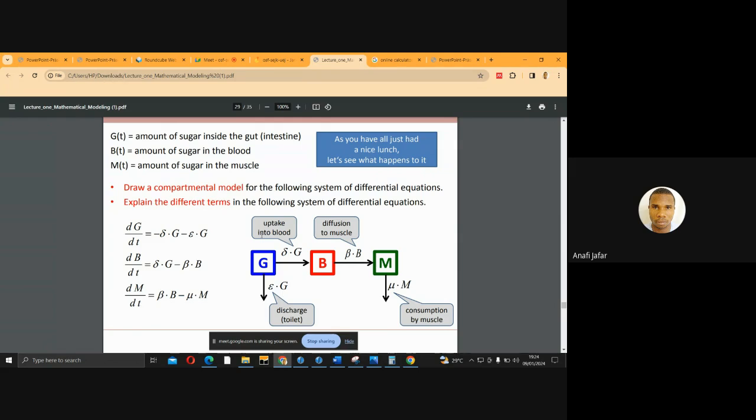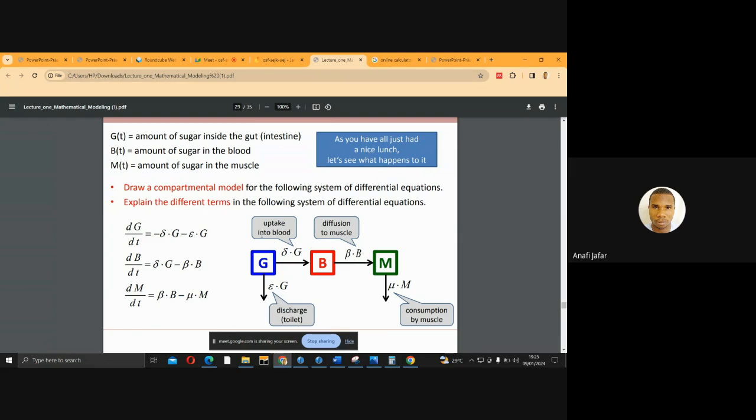Out of this food, a certain amount was converted to sugar, going into the blood at the rate of delta. Some that is not digested is discharged to the toilet at the rate of this.